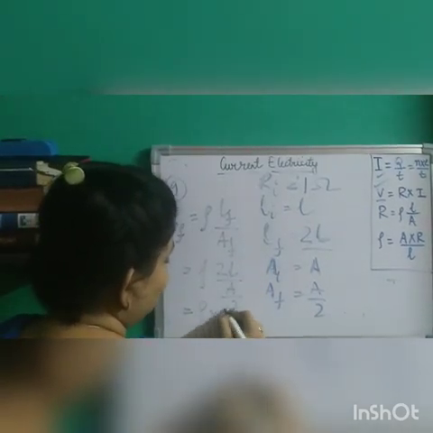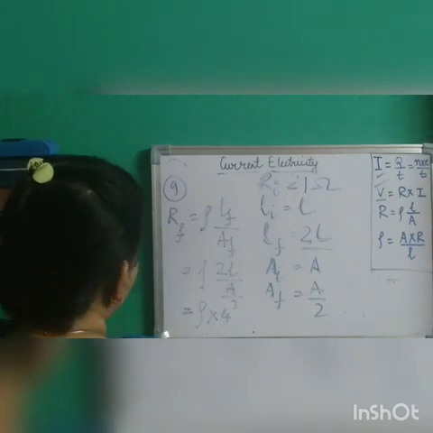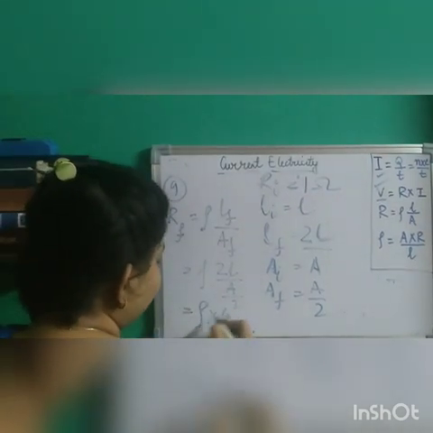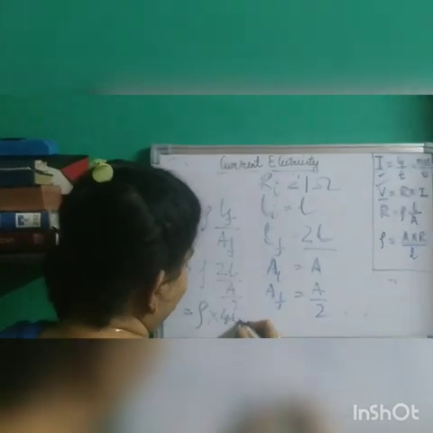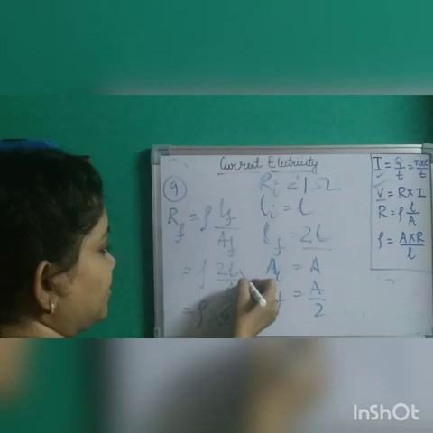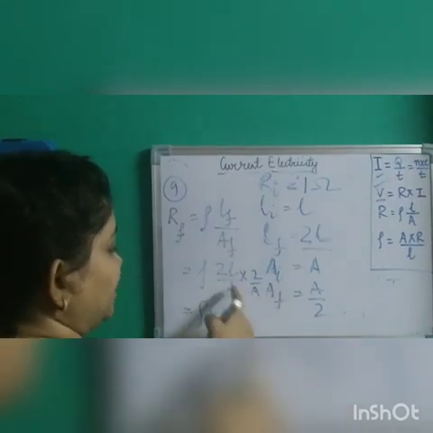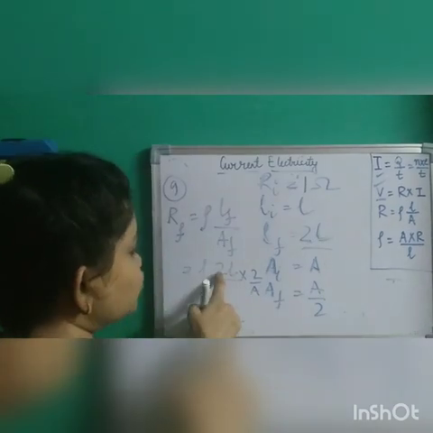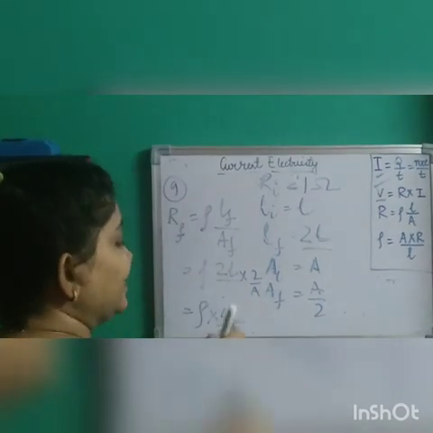So it becomes rho into 2L into 2 by A, because when A by 2 goes up it becomes 2 by A. That means 2 into 2 is 4, so 4 L by A.